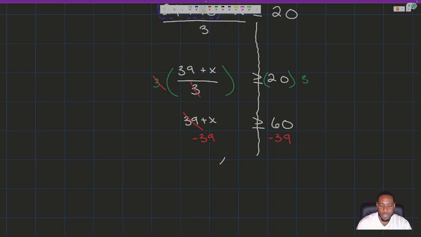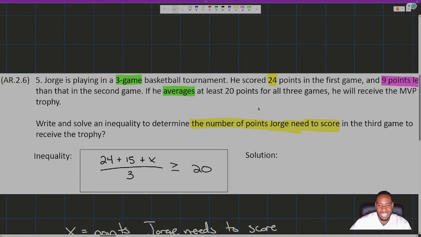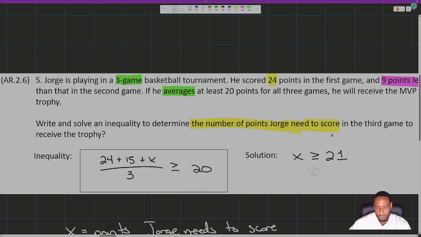And that's going to leave us with x is greater than or equal to 21. So that is going to be our solution. Jorge needs to score at least 21 points. He's allowed to score more, obviously, but 21 is going to guarantee that he gets that average of 20 points a game.